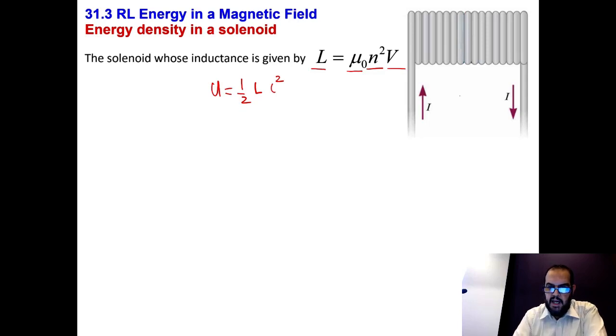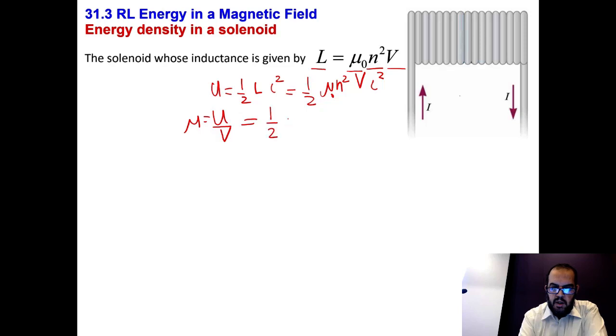So we can replace L. Here it's going to be 1/2 mu0 n squared times the volume times I squared. Now if we determine the energy density, U over V, this is going to be 1/2 mu0 n squared I squared.